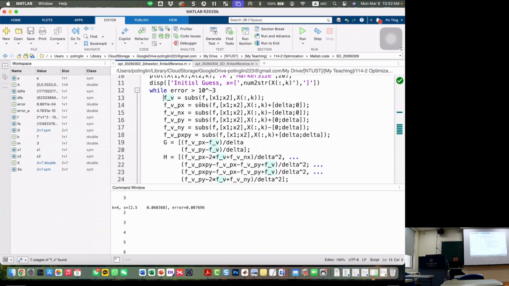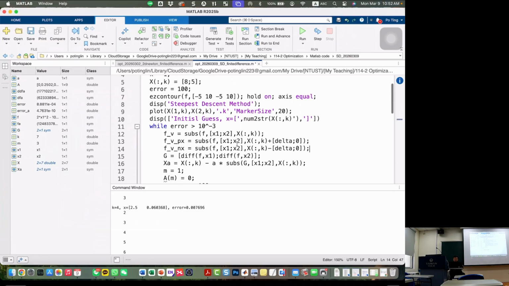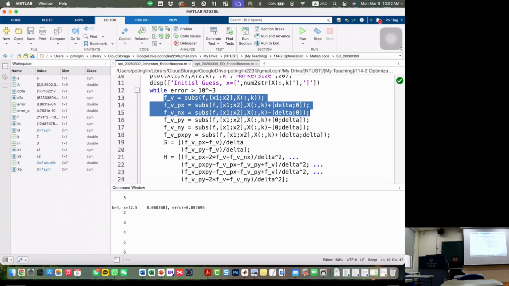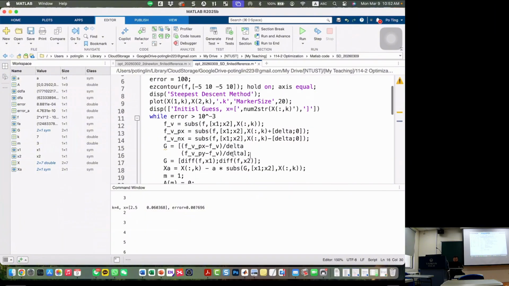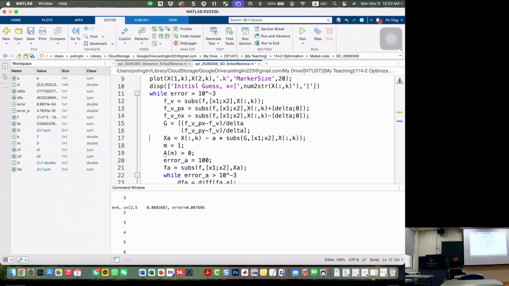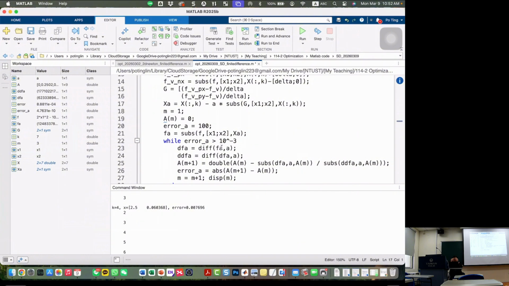Now I'm going to modify. I'm going to copy some code here for the gradient. So the gradient is here. So I have the gradient, and then inside the subproblem, I also need to evaluate the derivative. So here I need to compute the function value.